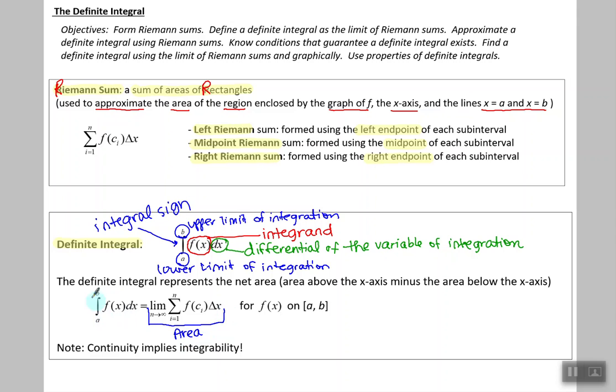However, a definite integral actually represents the net area, meaning the area above the x-axis minus the area below the x-axis. Let's take a moment to explore why that is.